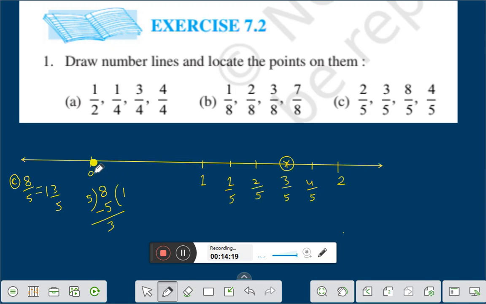Or you can represent it in another way also. This is 0, right? If we divide this number into 5 equal parts, you can divide this number also into 5 equal parts, right? This is 1, 2, 3, 4, and 5, right? This is 1 by 5.